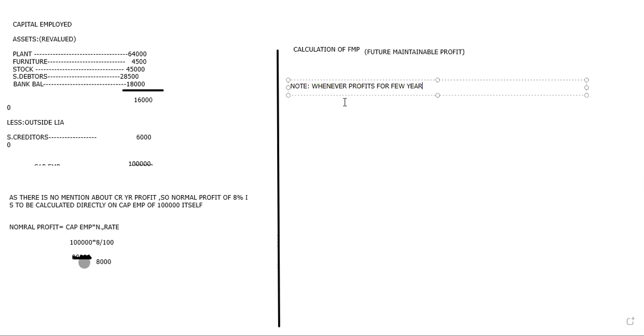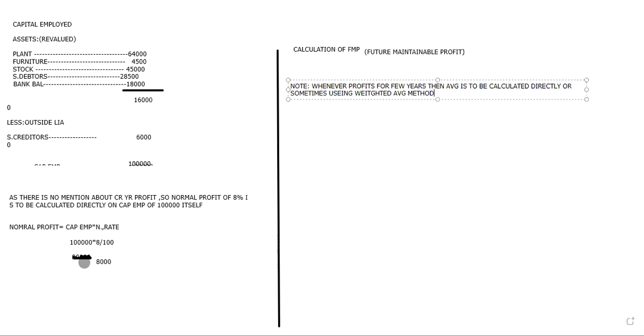Whenever the profits are given for a few years, then the average is to be calculated directly, or sometimes using the weighted average method. So sometimes we'll directly find the average, or sometimes we'll go with weighted.